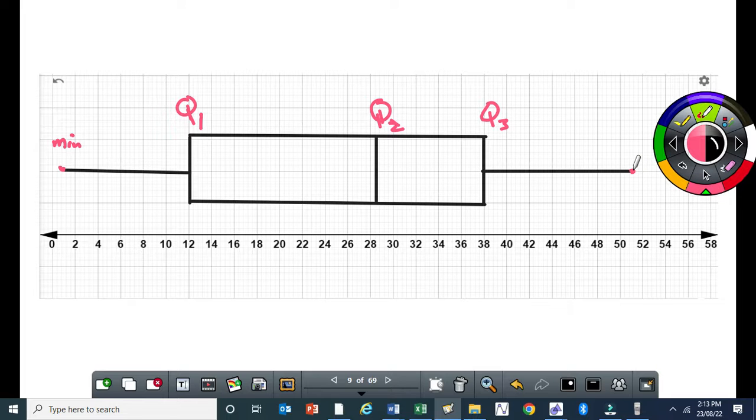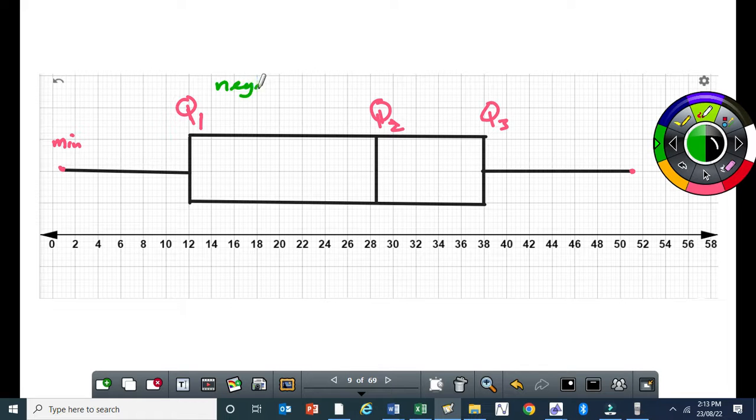Now, we can describe or comment on the distribution of this data set. There are 2 ways of commenting on the distribution. I'll talk about that on Thursday as well. If the distance between Q1 and Q2 is longer than Q2 and Q3, the data set will be negatively skewed.